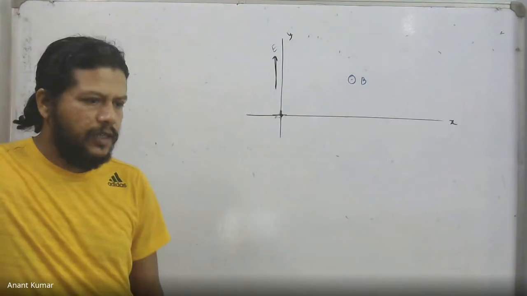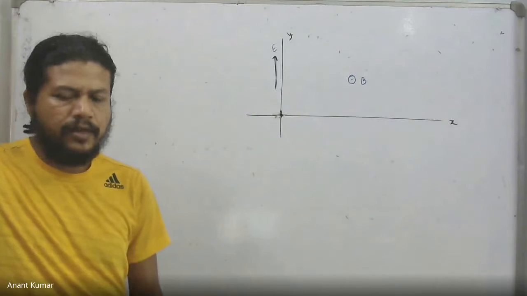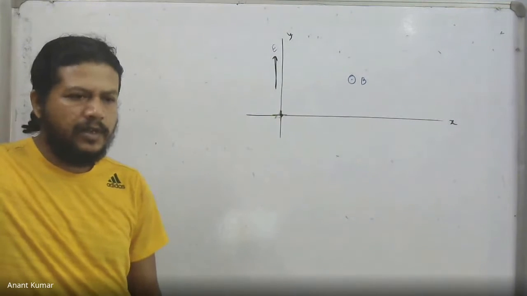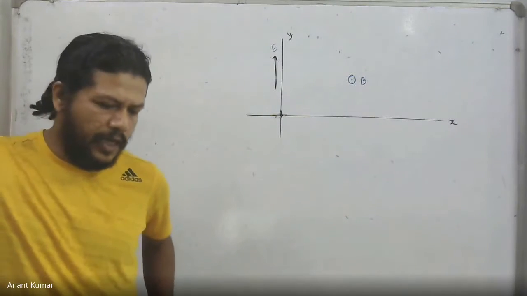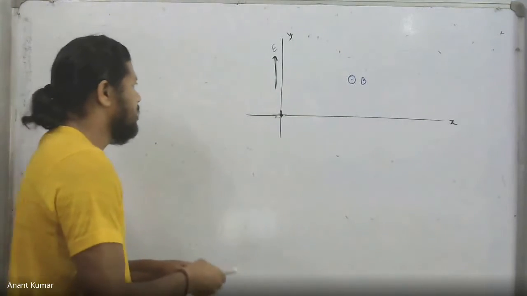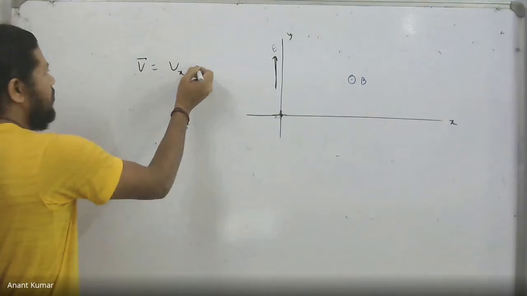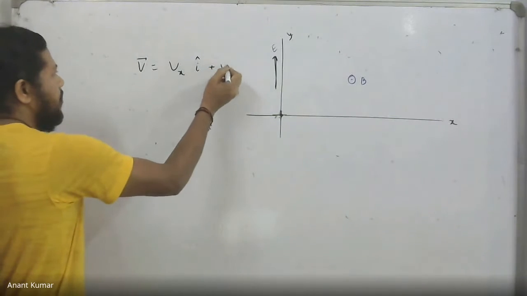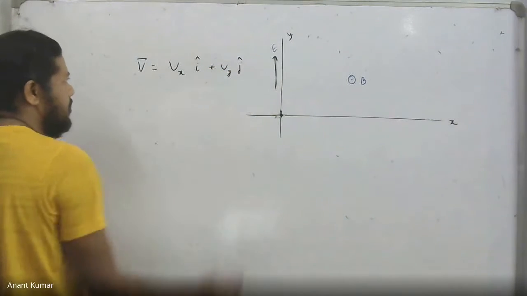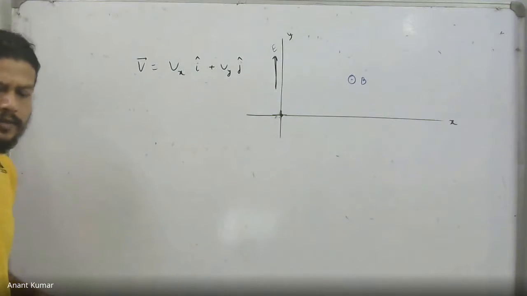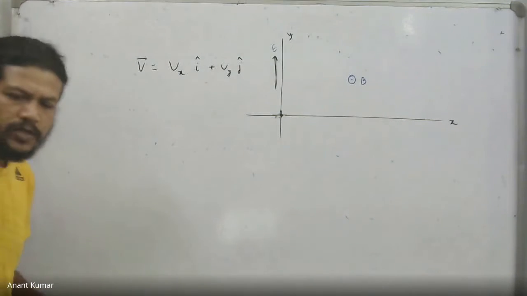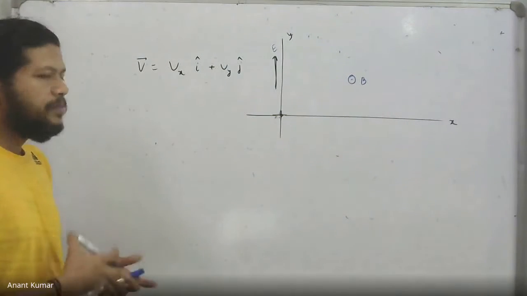So if we try to approach it in an analytical manner, we might, at any point of time, assume that the velocity has the two components vx i cap plus vy j cap, in which case I could write down the net force acting on it at this particular moment.